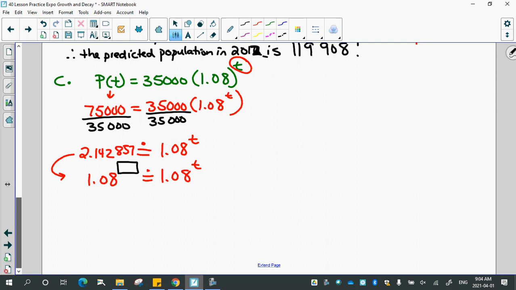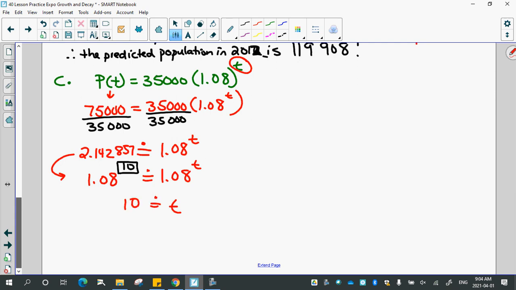Is everybody good with that? So I might try 10: 1.08 to the power of 10 is 2.15. So I'm going to try 9. Nope, 10 was closer. Everyone good with that? So it is approximate. We're not going to get exact here. So t is approximately 10.